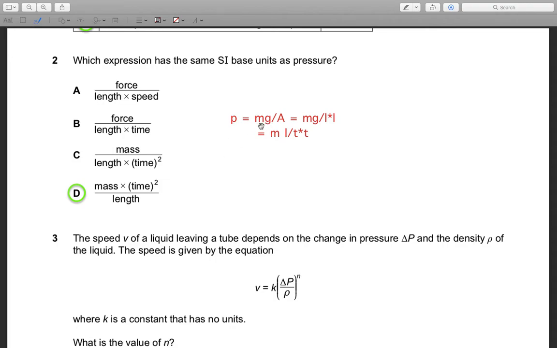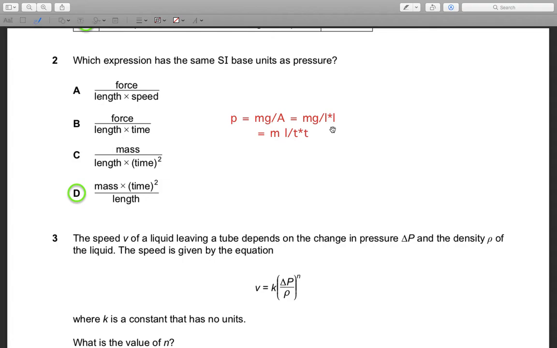Force is mg, and area is length times length, let's say L squared. Then g is meter per second squared, and after that we can cancel.